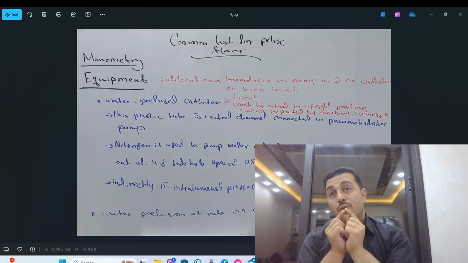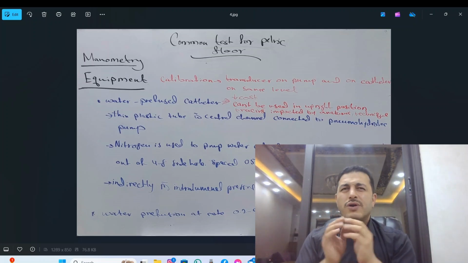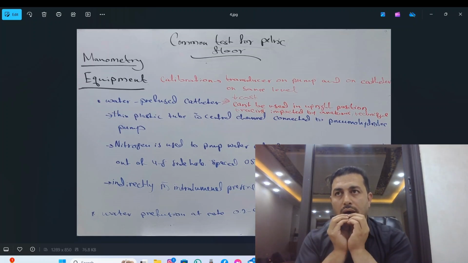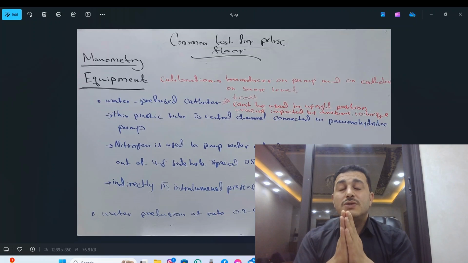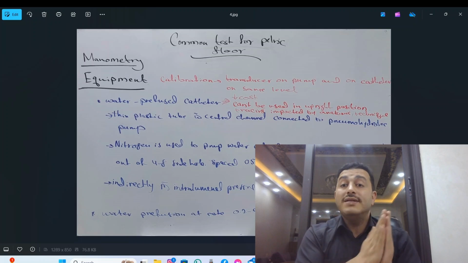And we said we have a balloon in the rectum and a lower sensor in the anal canal, and this will limit measuring the pressure of the anal canal at one time.